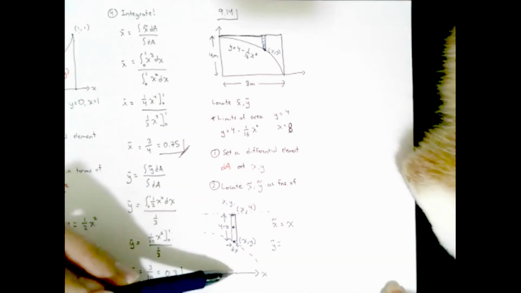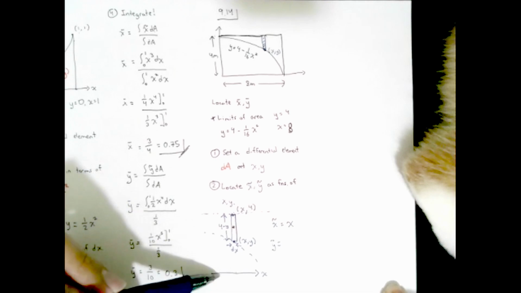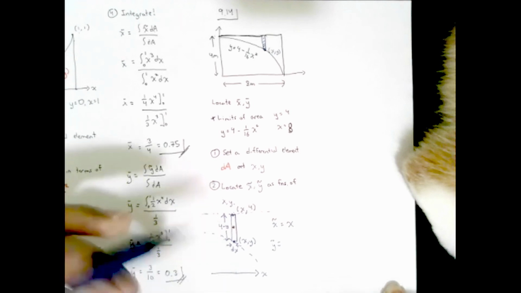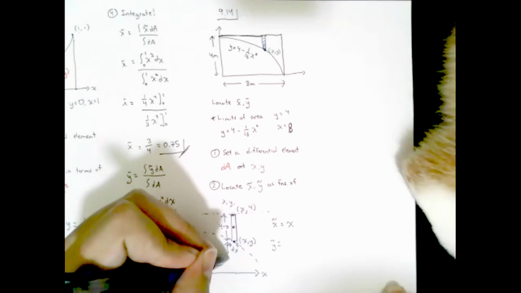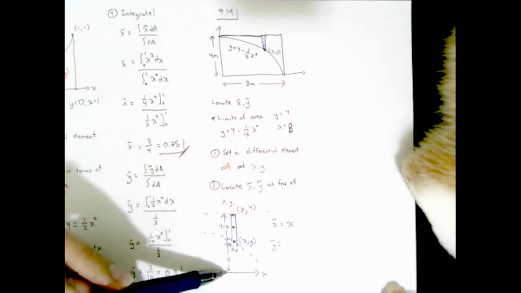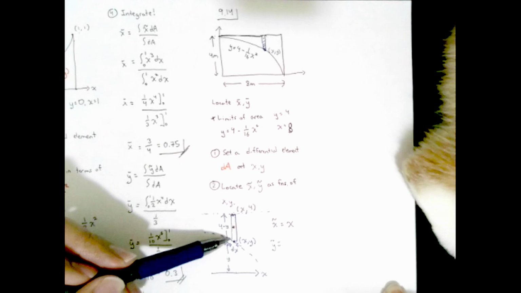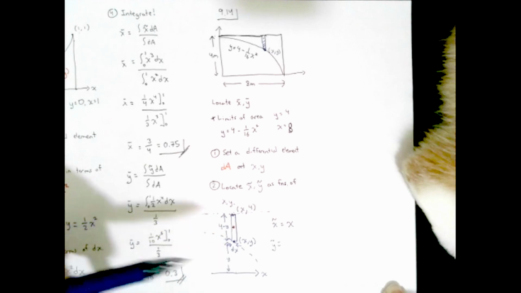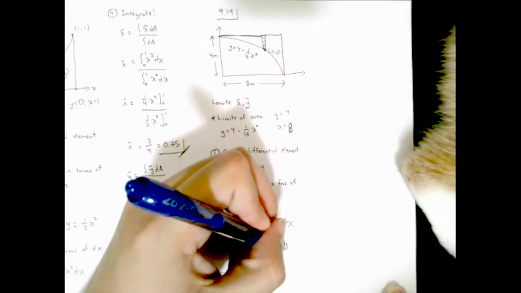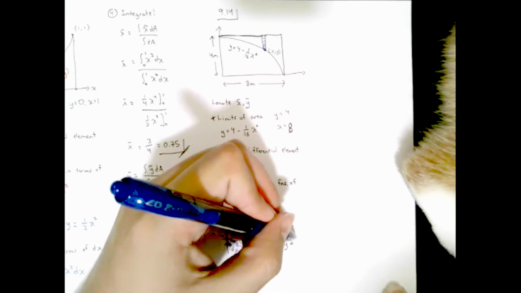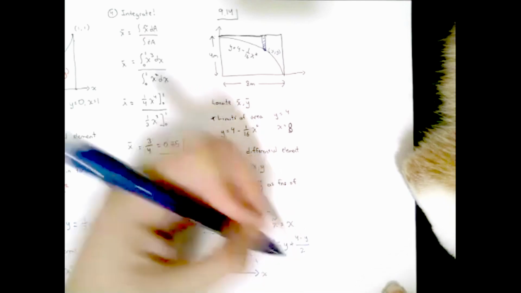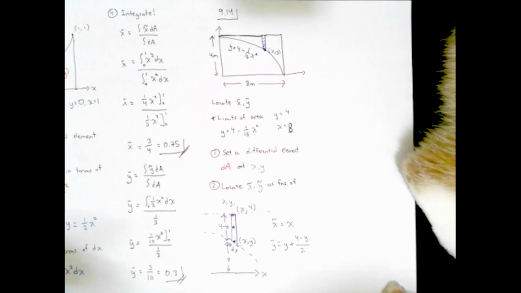However, relative to the x-axis, because that's really what we want, my y squiggly will be equal to, well, we know that this is y. So my y squiggly will be equal to y plus 4 minus y over 2. Now, of course, you notice that this is actually just the midpoint between y and 4, right?